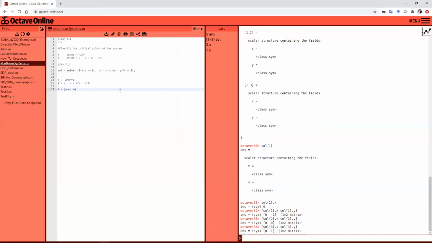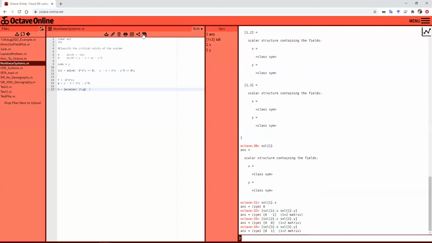So A is equal to the Jacobian of, now I need to put this, jacobian is followed by round brackets. Then inside the round brackets I'm going to put some square brackets and write f semicolon g. Okay, so that is going to give me the Jacobian.